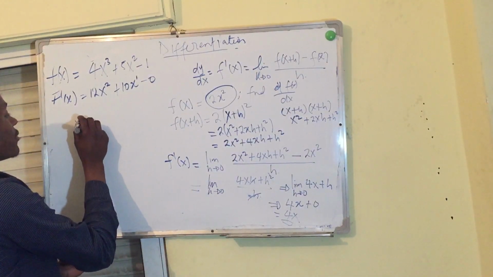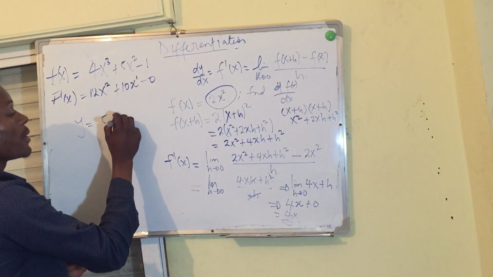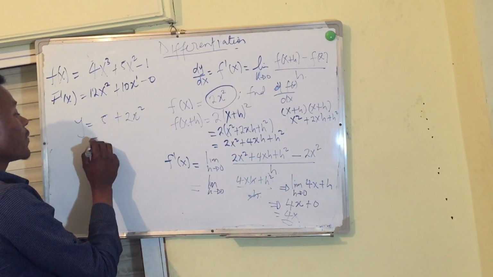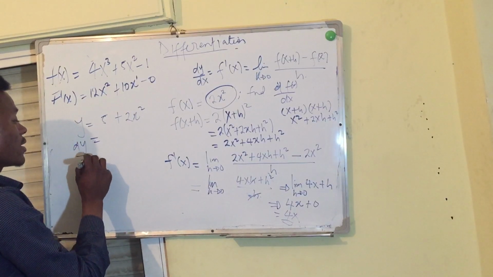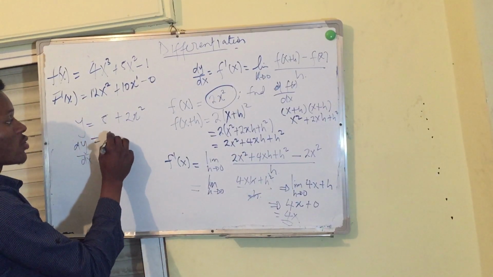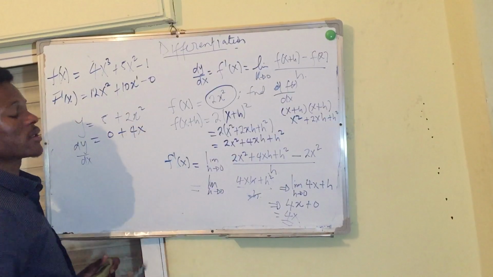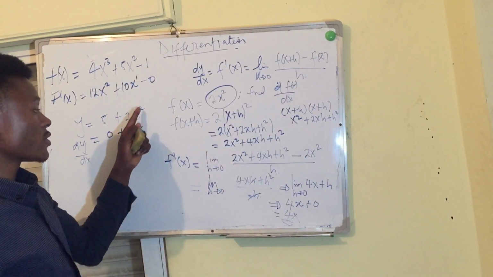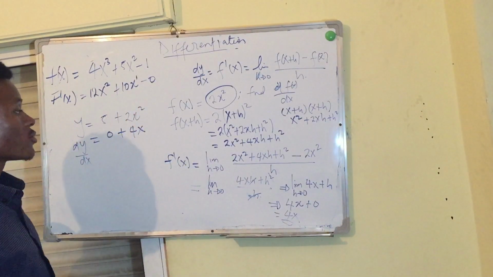For example, we have y equals to 5 plus 2x squared. Derivative of this, that is dy/dx, is derivative of 5 which is 0, plus 4x. Multiply by the power 2, subtract 1 from the power, 1, anything to the power 1.